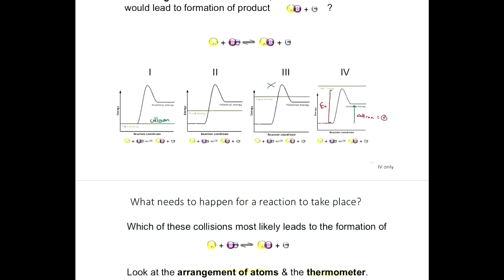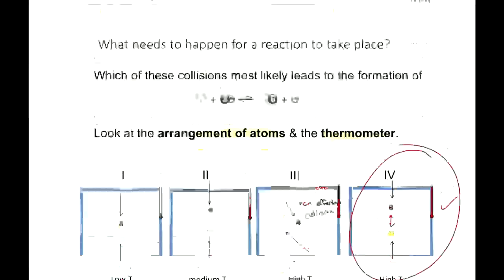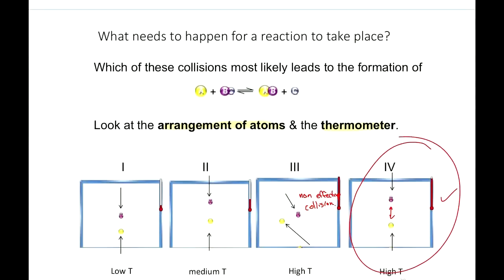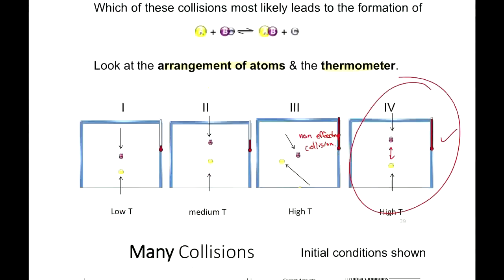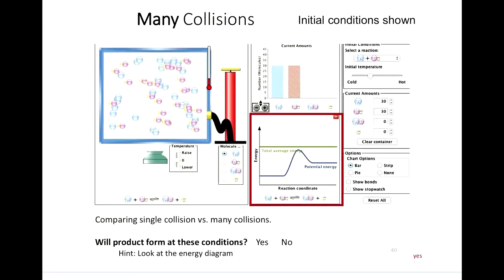So for both of these examples, we looked at a single collision, where we take one reactant, the other reactant, and collide them. But do we ever have samples where there's just 2 particles? No. Gas samples, there's billions of particles. So instead of thinking of reactions taking place in these localized single collisions, we need to recognize that in an actual sample, there are many collisions occurring.